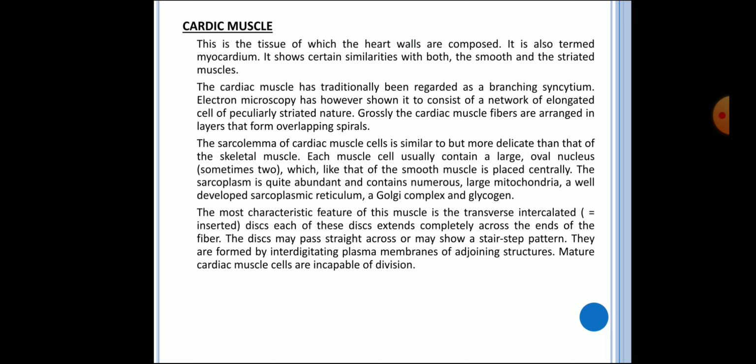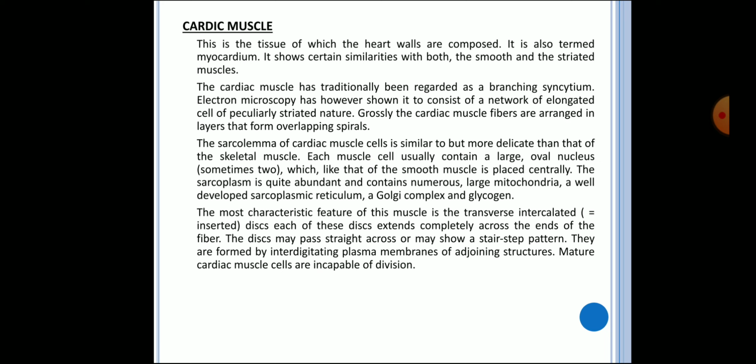The cardiac muscle fibers are arranged in layers that form overlapping spirals. They are about 80 micron in length and 15 micron in thickness. They are joined end to end and show branching. Where the cell branches join, a bridge is said to have formed.